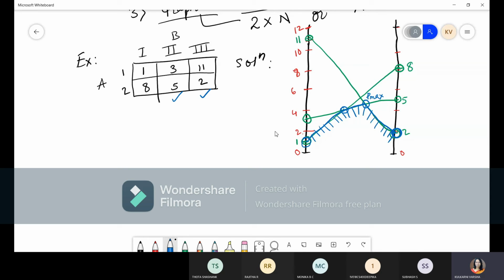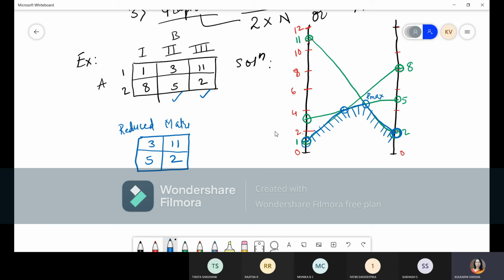So we'll take that reduced matrix. Now our reduced matrix is 3, 5, 11, 2, right? These 2 lines we have taken, because this point is the intersection of 2, 11 and 3, 5. And we are writing it the same way. Now this is our reduced matrix.